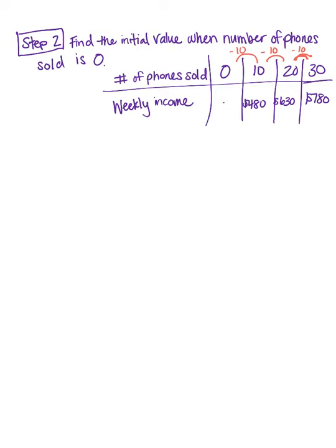To get from $780 to $630, what did we do? We subtracted $150. Okay, and to get from 630 to 480, this is why it's really important to know if it's a constant, because that just makes it easier for us, right? It's going to be the same, 150.